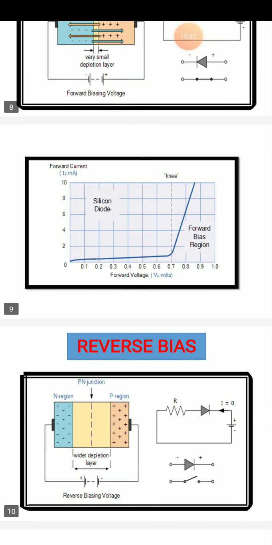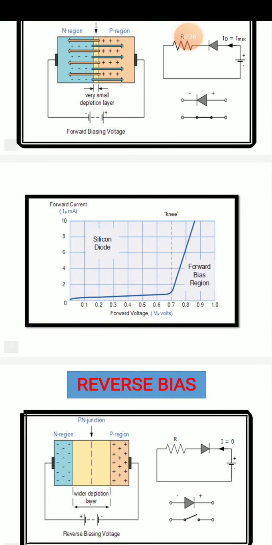Next you can see the simple VI characteristics of the forward current and forward voltage, that is VF and IF. You can see the graph here. At around 0.7 volts of forward voltage, we say it is the knee voltage.